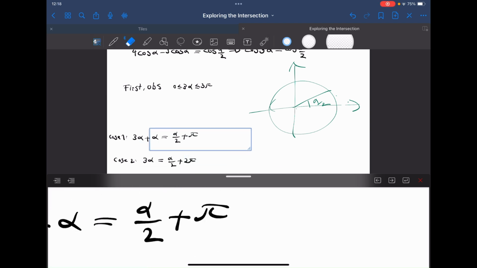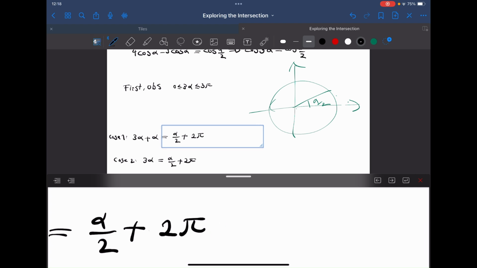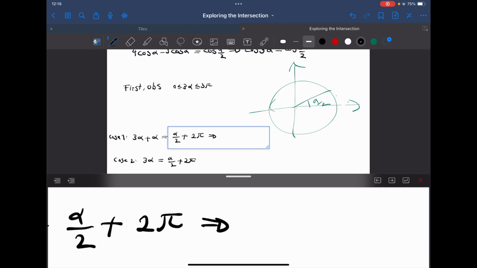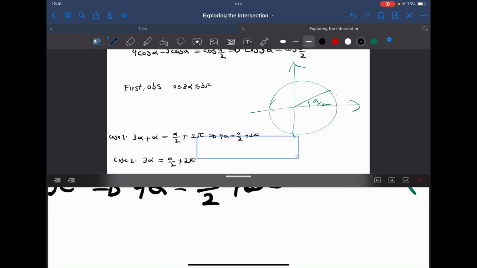And I have a mistake here. This is 2 pi. And from the first one, I can see that 4 alpha is alpha divided by 2 plus 2 pi. And from this, I can see that 8 alpha is equal to alpha plus 4 pi. And so 7 alpha is 4 pi.